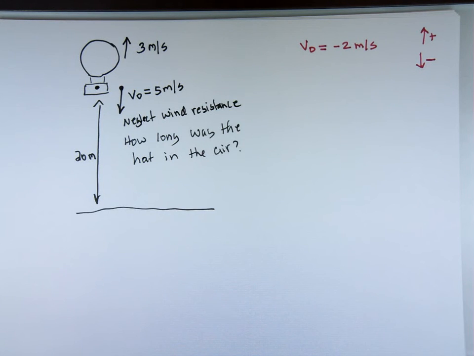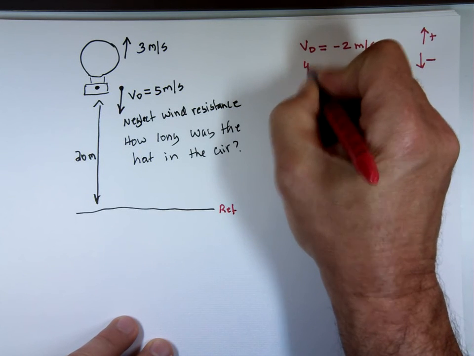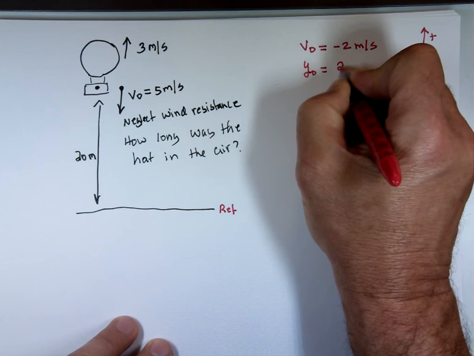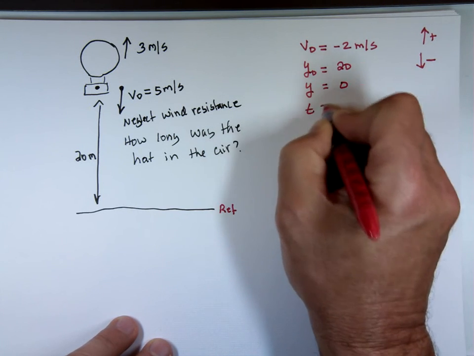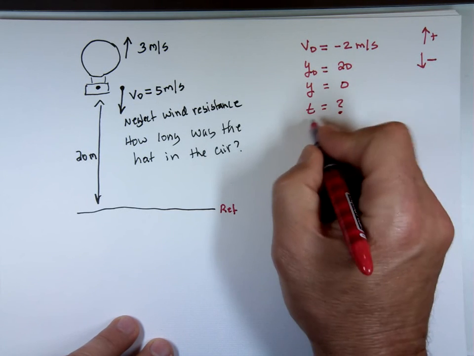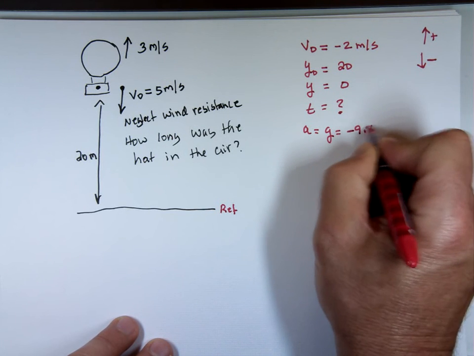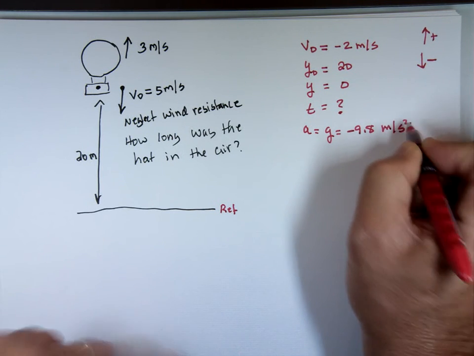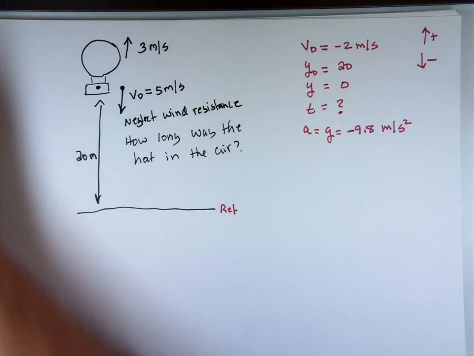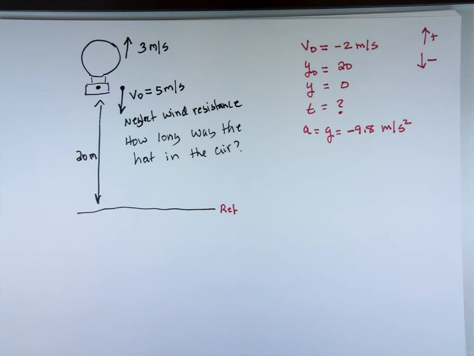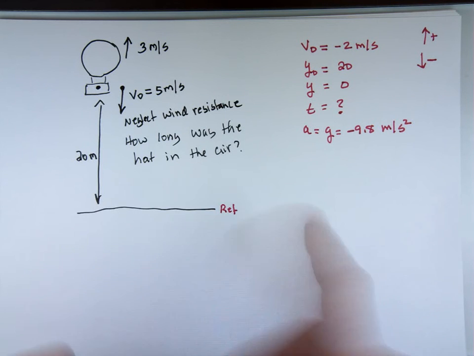If I use the ground as reference, my initial height is what? 20. My final height is 0. I'm looking for the time, and I know the acceleration. So that's all the pieces. Now, any equation that has them?